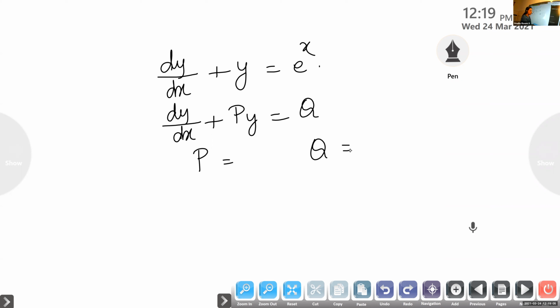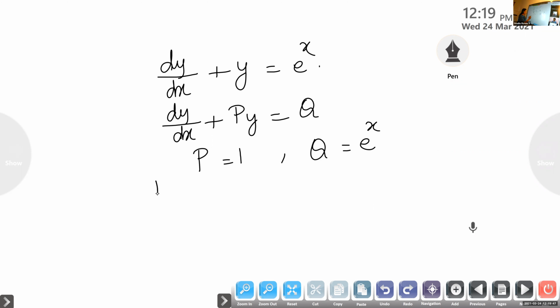The function coming with y only, we call it p, and what is on the right-hand side, we call it q. So p is 1, because y means 1 into y, and q is e raised to x.